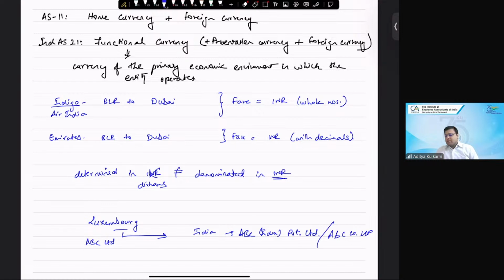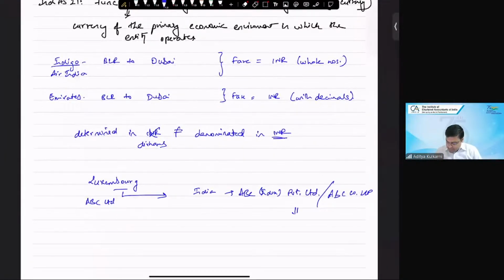Now, these entities operate in India. So when these entities are operating in India, which currency, let us say Luxembourg's currency is euros, when they are operating in India, which currency influences the pricing of these entities?